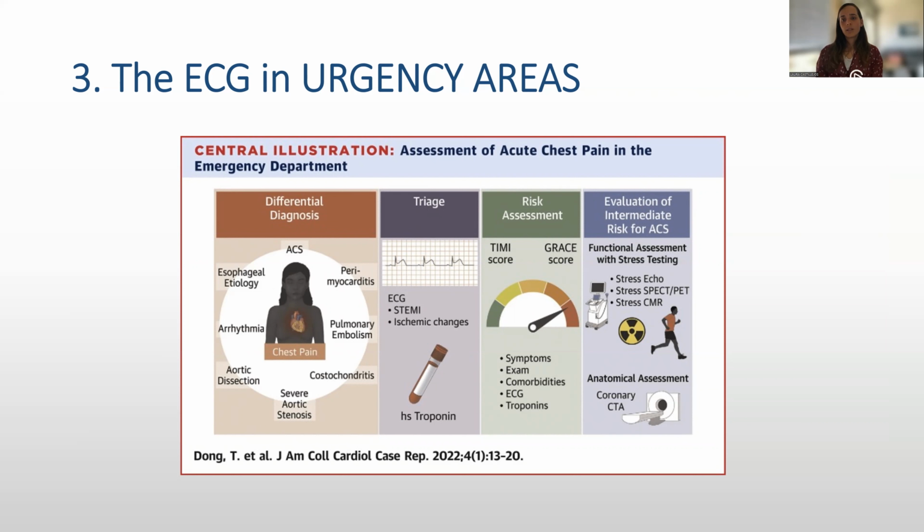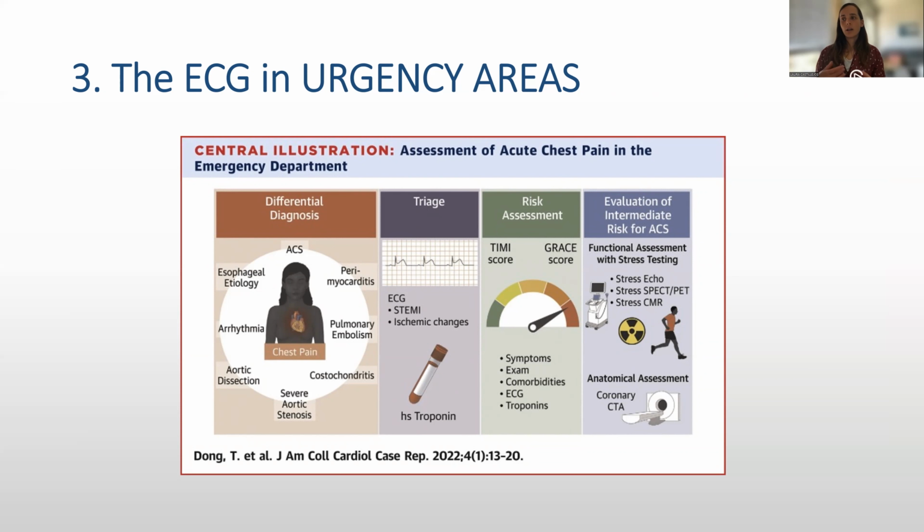Also, troponin tests are requested if acute coronary syndrome is suspected. So troponin is one of the markers of myocardial damage. It depends on the electrocardiogram and the clinical history to diagnose the pathology.